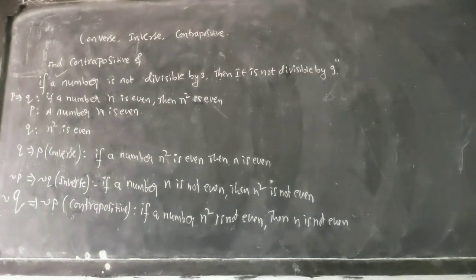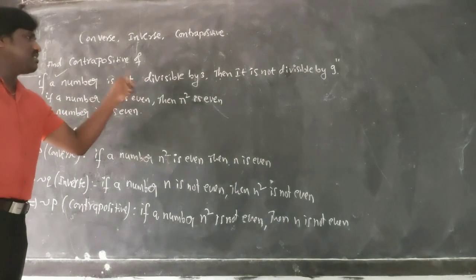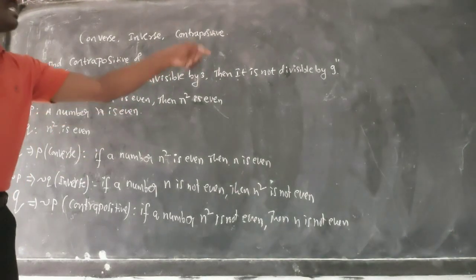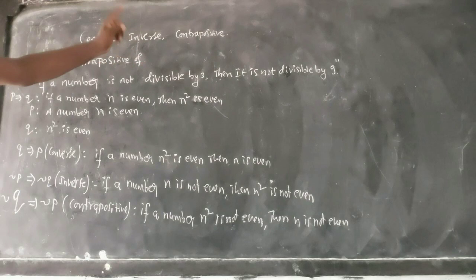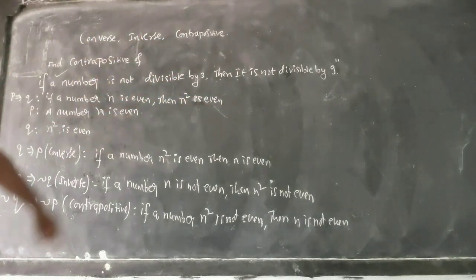Inverse means the negation is removed: if a number is divisible by 3, then it is divisible by 9. What is the contrapositive of this one? If a number is divisible by 9, then the number is divisible by 3.